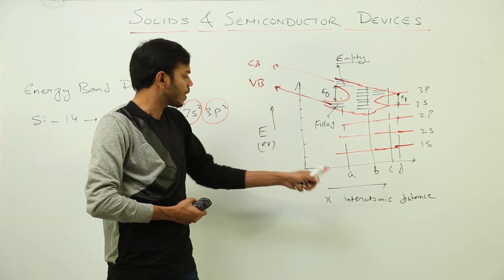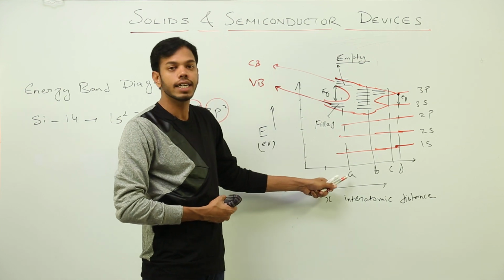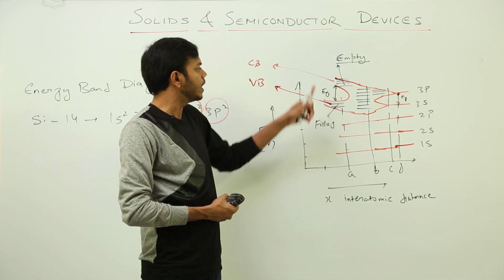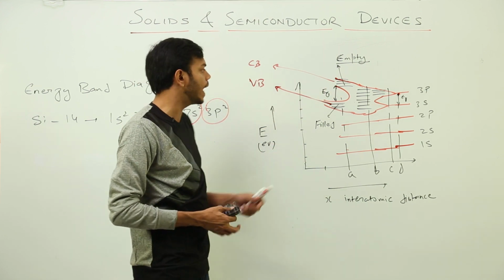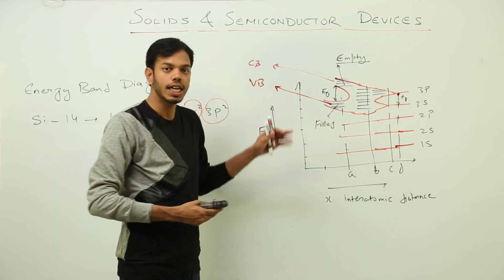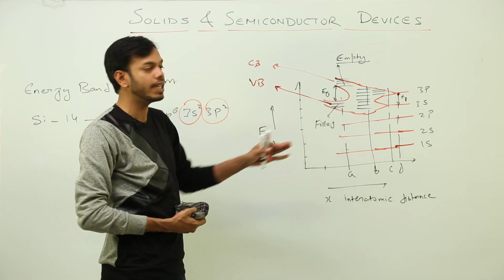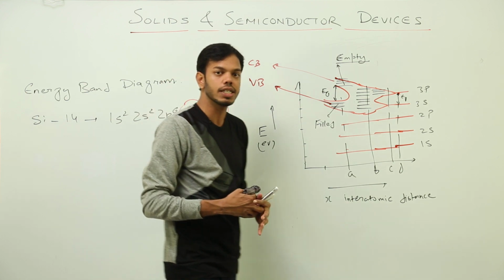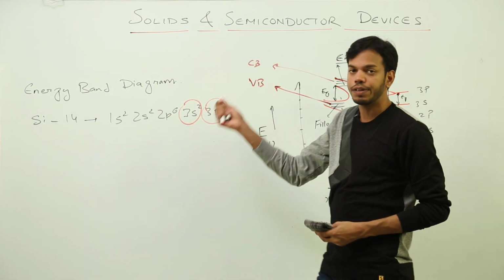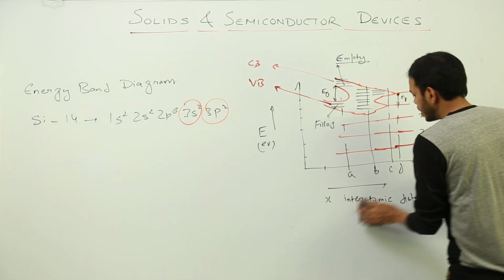And finally, when the atom is taken to the actual interatomic spacing, that is A, the completely filled level gets separated from the completely empty level, and that is called the energy gap. So these are the points on the basis of which you have to explain this energy band diagram, and the energy band diagram actually explains the concept of conductivity in terms of solids. Let's go further.